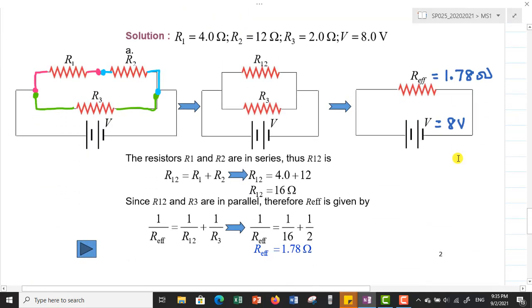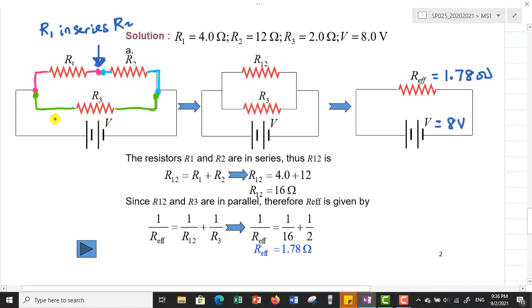So class, if you refer to my drawing, you will find that between R1 and R2, only one lead is connected here. So it's only one leg connected, so R1 and R2 are in series. What about R3?